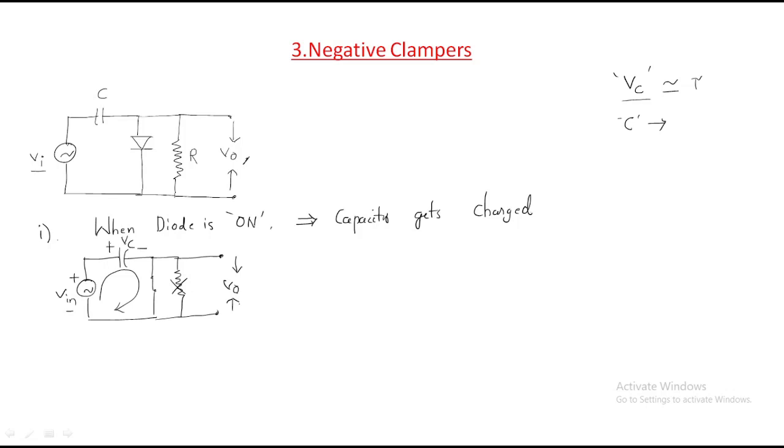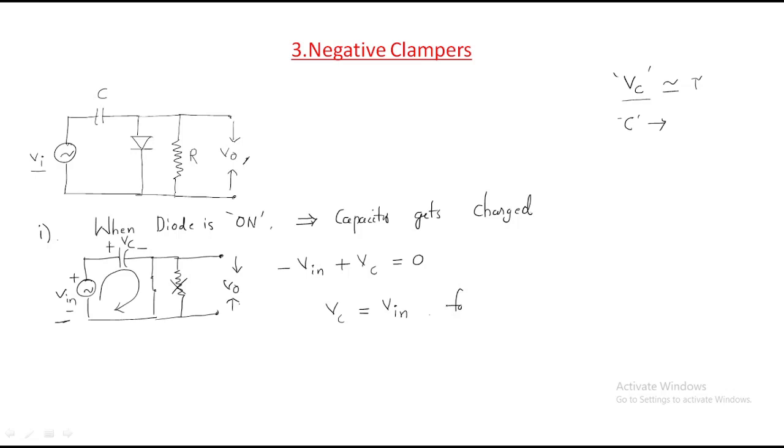This is the capacitor voltage. Now if we draw the loop equation, it is minus V input, the capacitor will store the energy Vc, then the capacitor voltage will become V in. When the capacitor gets charged, this is the forward biased condition.